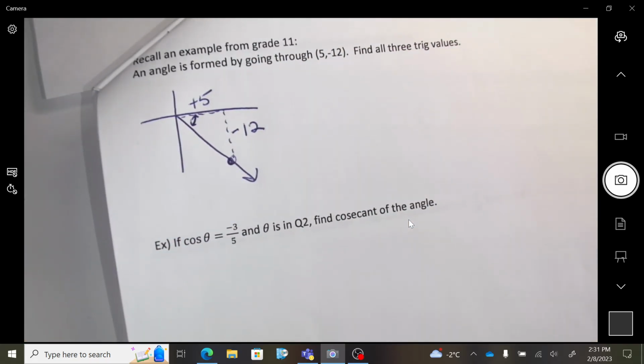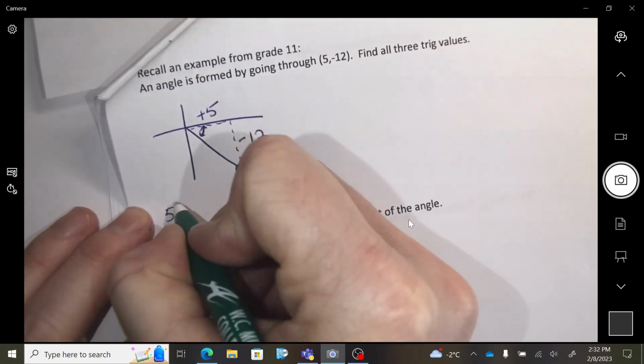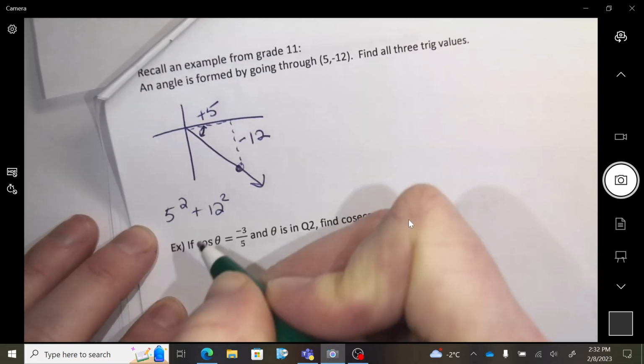To get the last side, should we add Pythagorean or subtract? Should we do a squared plus b squared, or should we do c squared minus a squared? Are you finding a long side or one of the shorter sides? Longest side, so I'm going to go 5 squared plus 12 squared in my calculator.